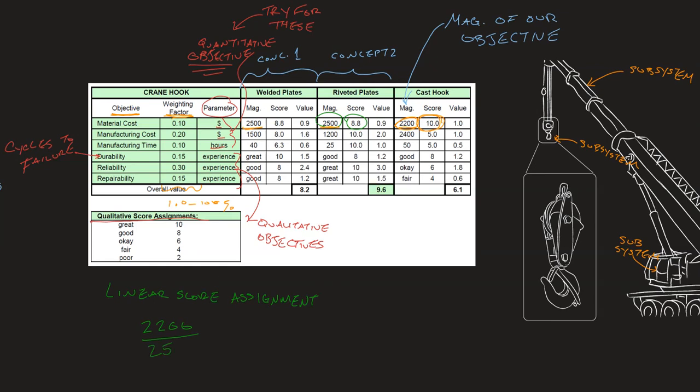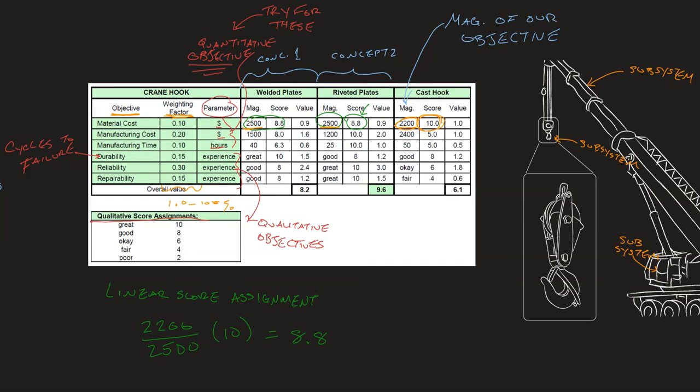If we divide by 2,500 times 10 for my number of points, I have now created a linear ratio, 2,200 over 2,500 times 10, and this gives me a score of 8.8. So I can plug in my score of 8.8 right here for my $2,500 riveted plate concept, and coincidentally, my welded plates have the same amount of material cost, so it also gets a score of 8.8 for that assessment.